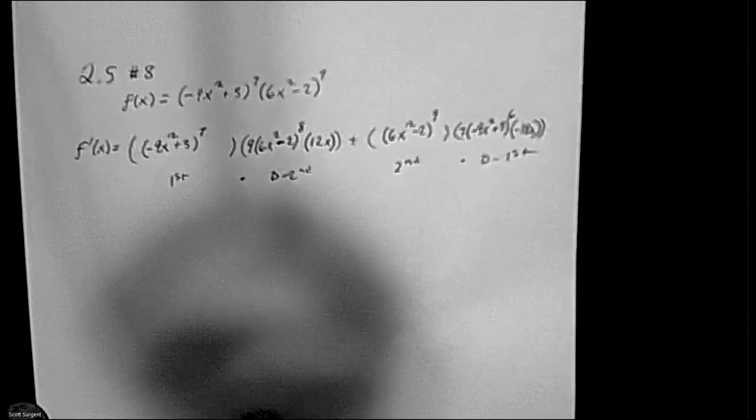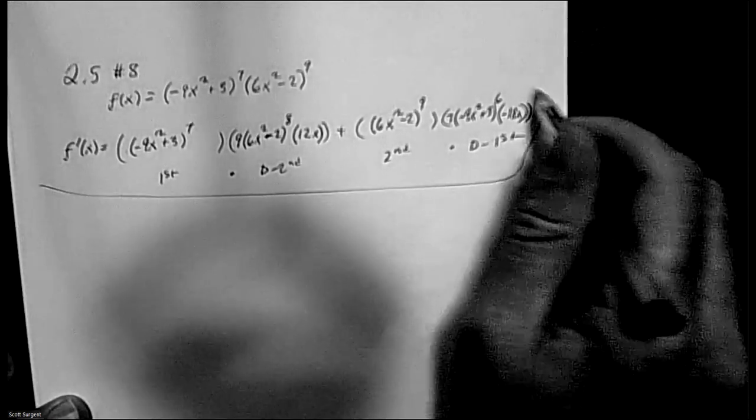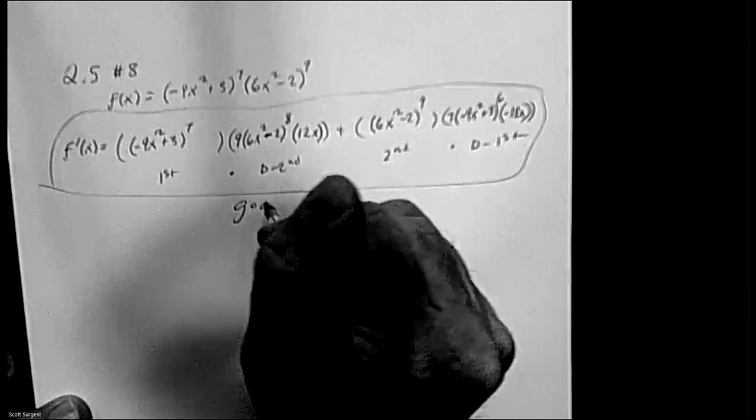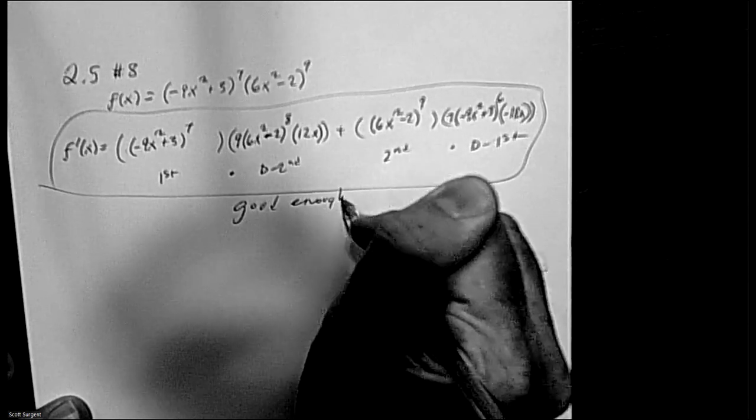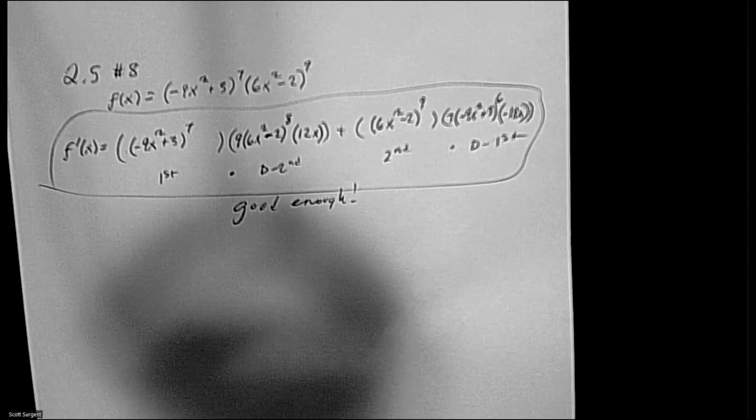I hope you can read that. And frankly, stop. This is good enough. I don't think it's worth your trouble to try to simplify this because it will be accepted by the system.